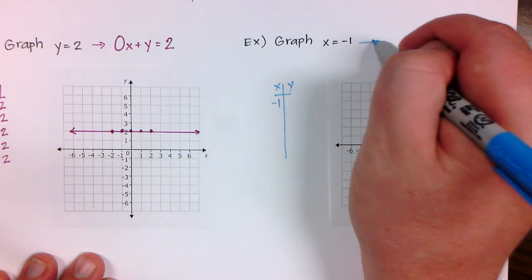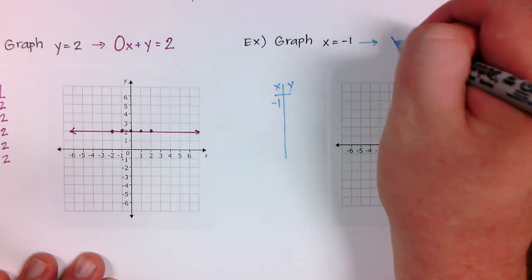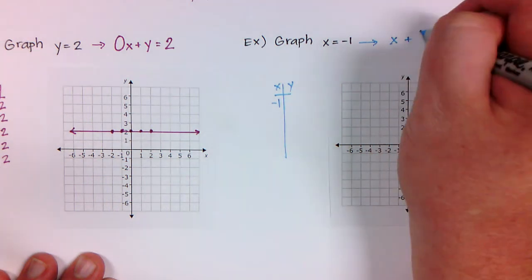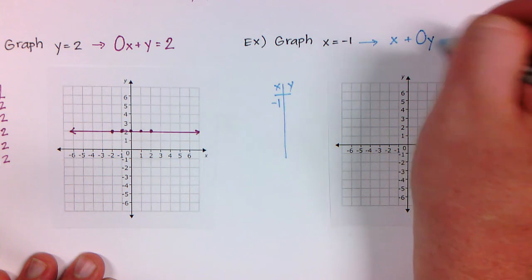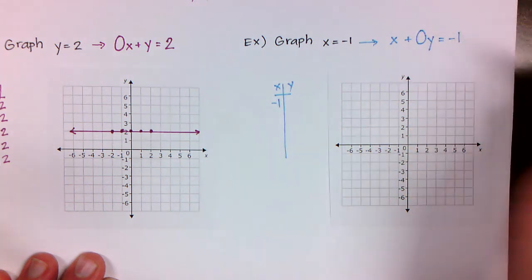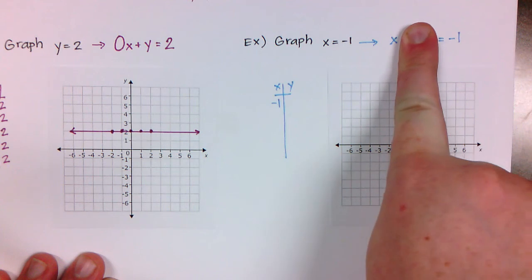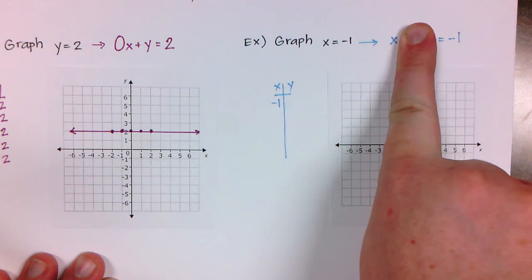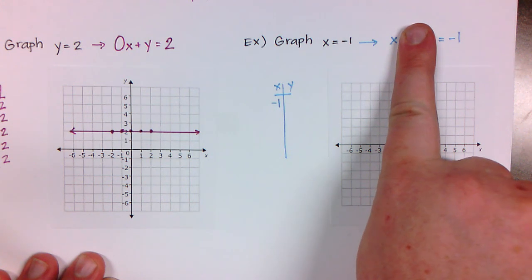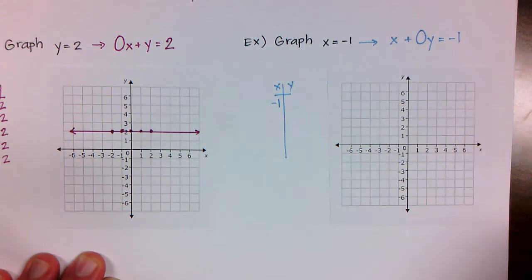So what this equation really looks like is x plus 0 times y is equal to -1, because 0 times y is just 0, and then you have x equals -1, which is my beginning formula. So it really doesn't matter what number I plug in for y, x is still going to equal -1.